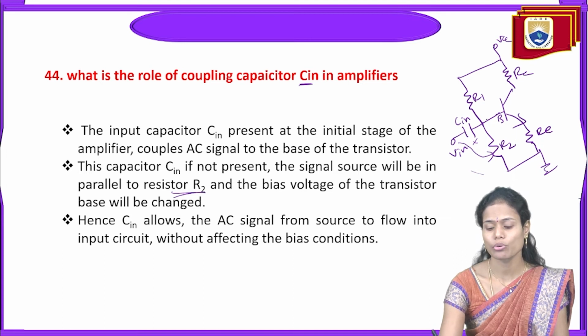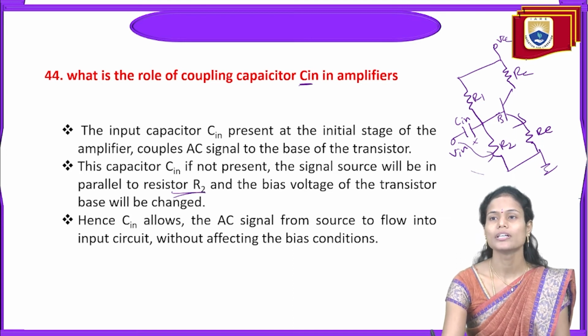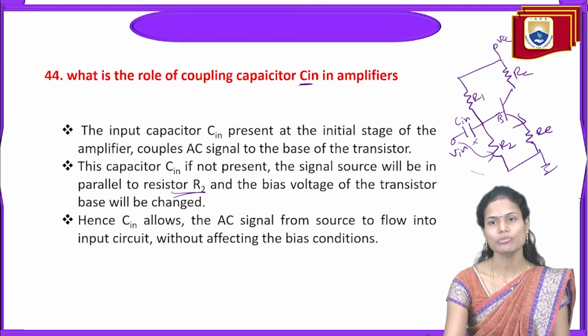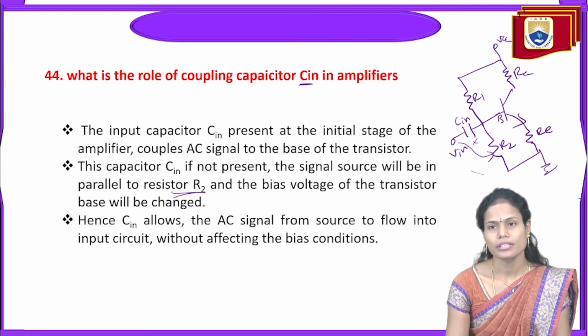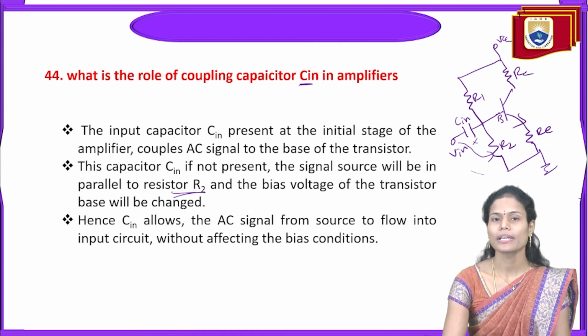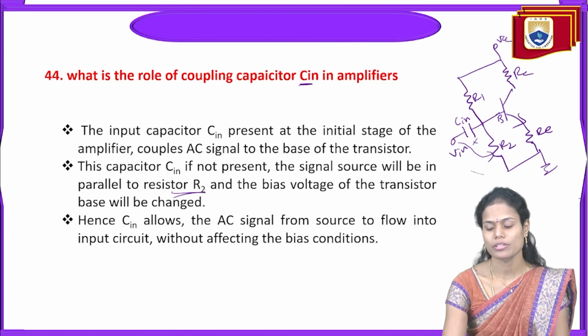If the biasing voltage is changing, obviously the output signal will also change here. So Ce allows the AC signal from the source to flow into the input circuit without affecting the bias conditions to the base of the transistor. So that's why the input coupling capacitor is a must for the amplifier circuit.